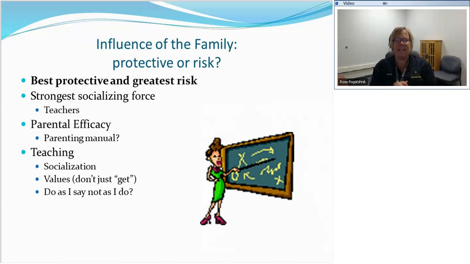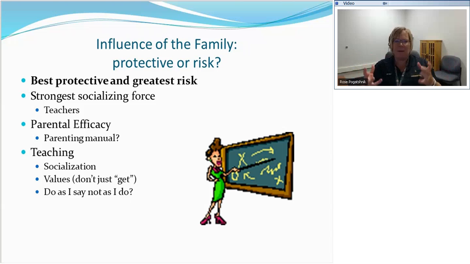All right, so let's focus for just a little bit here on the family. As I already said, the family can be the greatest protective factor as well as the greatest risk factor because, again, on that nucleus, right around the child, is the family. The family is the strongest socialization force. They are the teachers on what is expected in society. What are our societal norms and values?